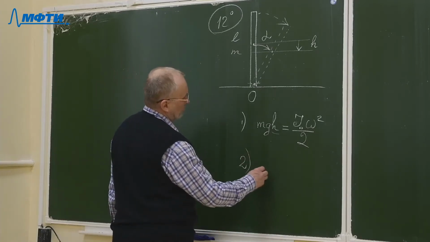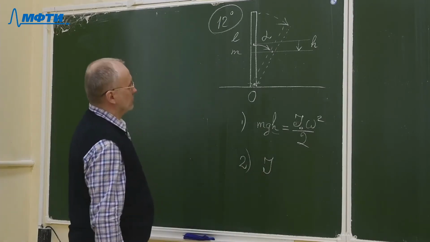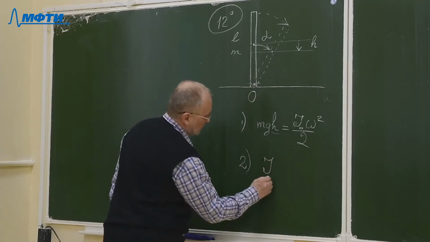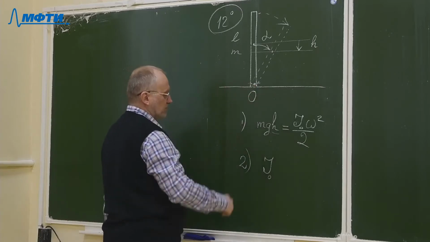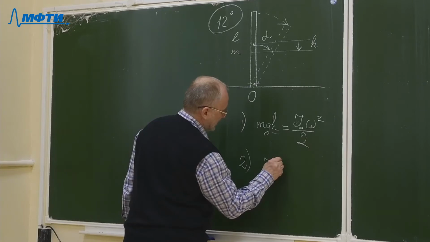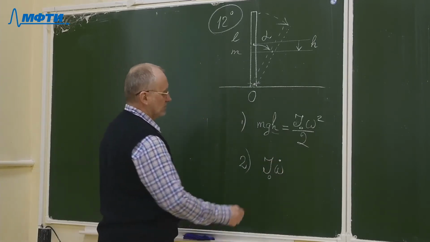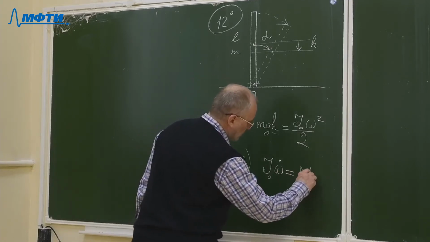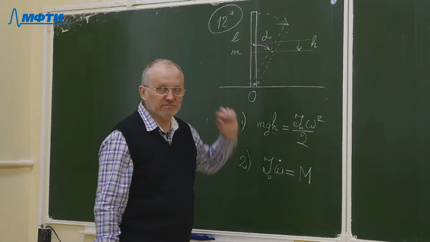That is, for a plane motion of a solid body, we must take its moment of inertia about the axis of rotation, again about this point, times the time derivative of angular velocity, and that should be equal to the torque of external forces acting on this rotating body.